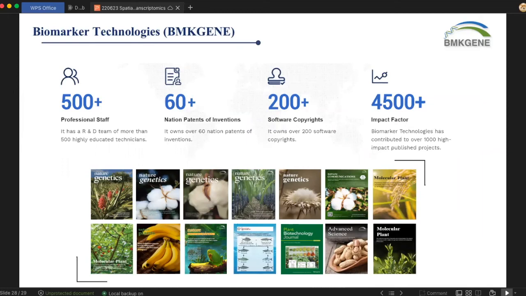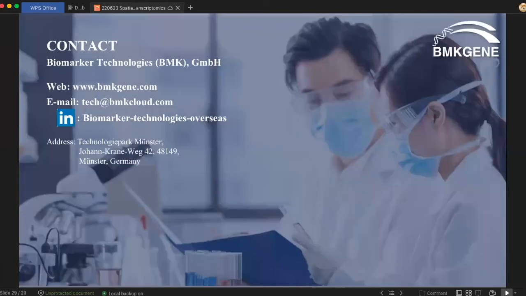We also have over 60 national patents of inventions, and 200 software copyrights of our own. With the help of all these platforms and people, we have already contributed to a lot of high impact studies, published in many journals as I listed. So I think this is all that I would like to share today.